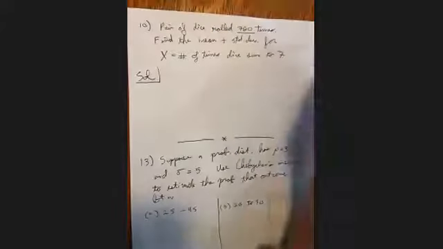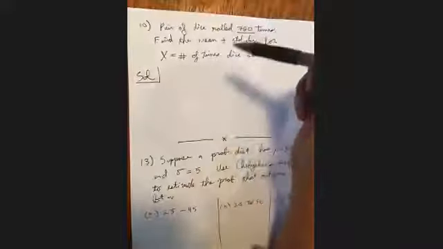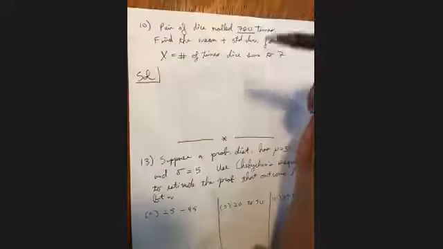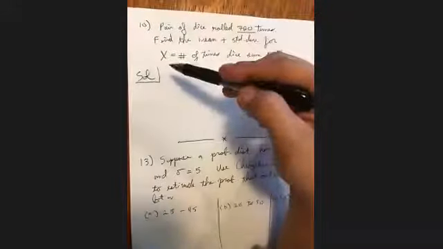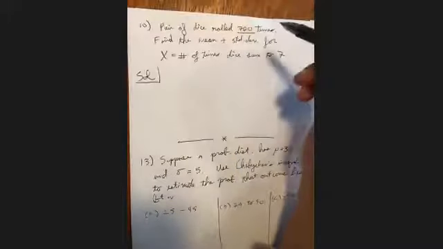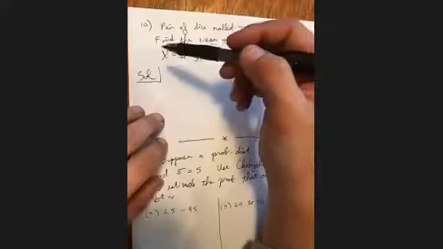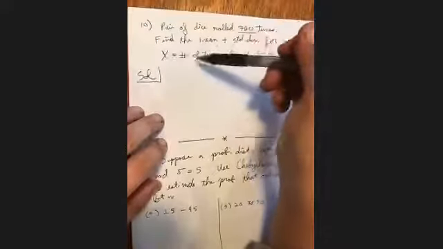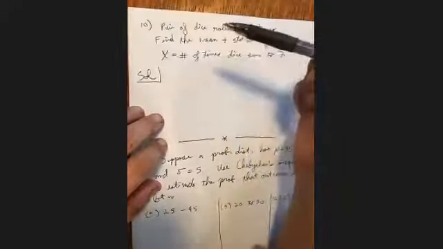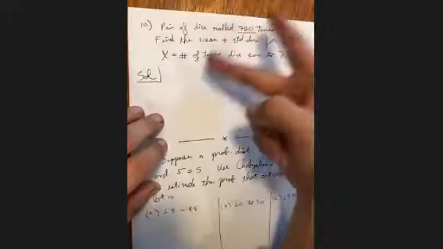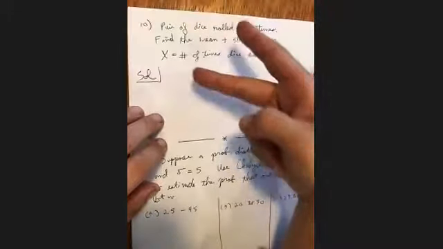Okay, so the trick here is to realize that even though we're dealing with dice, this random variable X is actually a binomial random variable. How do I know that? Because there are really only two outcomes here.